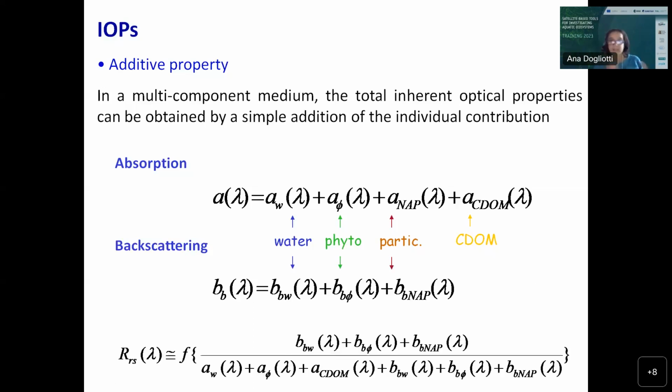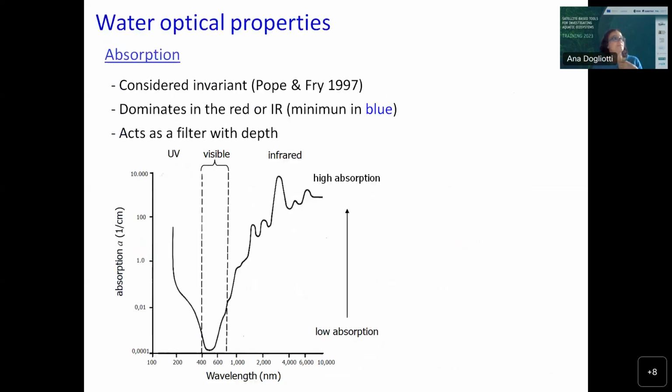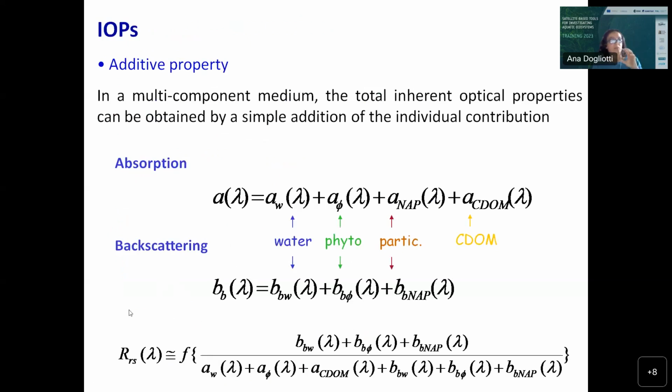So finally, reflectance in this way can be expressed as the sum of all the components, backscattering and absorption. What will tell us the color is the variation of this reflectance, which will depend on all of these components.